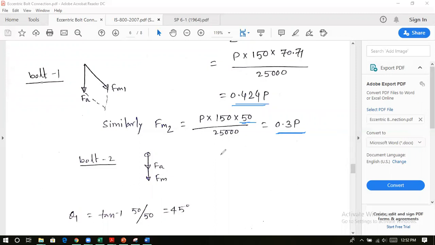Okay, now since for the first bolt the two forces are making an angle of theta, we have to take the vector sum to calculate the resultant force due to direct axial force and force due to moment. But for the second bolt, since the direction for axial force and the force due to moment are in the same direction, we do not have to take the vector sum, we can simply take the scalar sum, that is resultant force on bolt 2 will be Fa plus Fm.